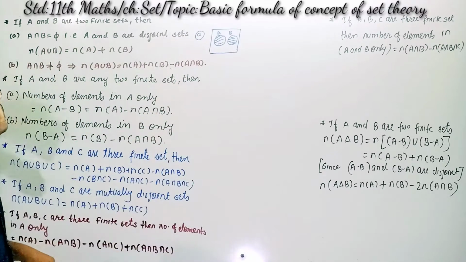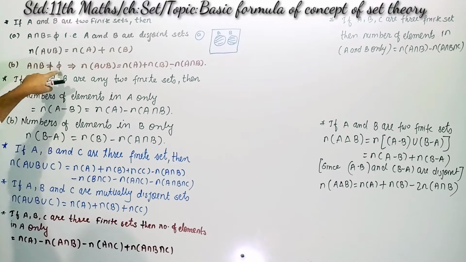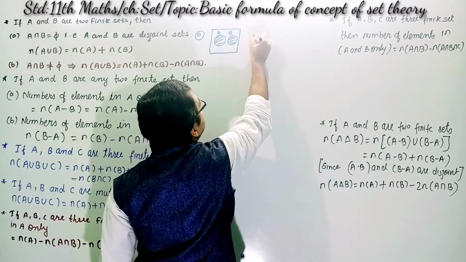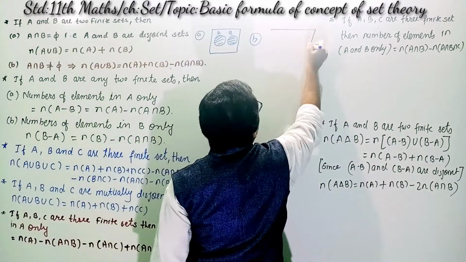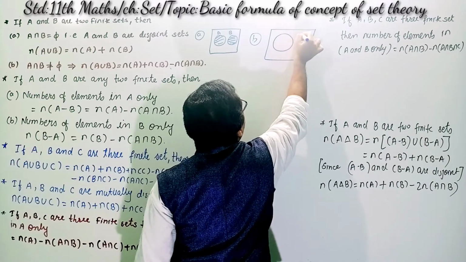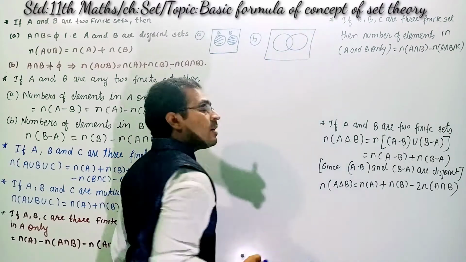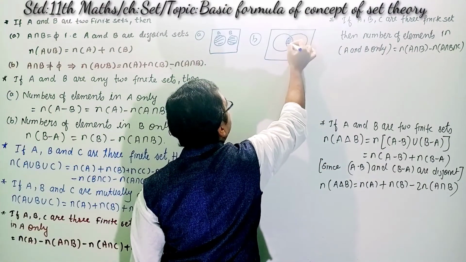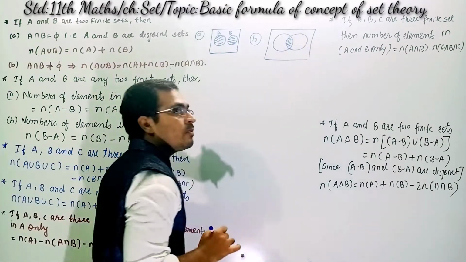Similarly, if A intersection B is not empty, this is not disjoint. It means students, here you can consider the sets that way. Suppose you have the two sets A and B, and these are not disjoint, meaning there will be something common over here. Understood students?